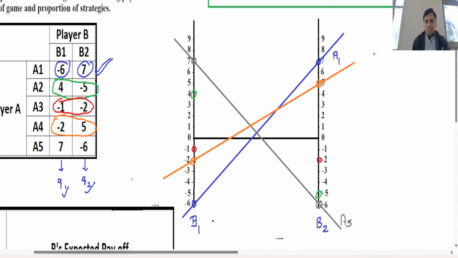So this strategy is A4 strategy, and then this red one, red points, this is A3, sorry, and green is A2. So for green we will match points, green points. So this is strategy A2.